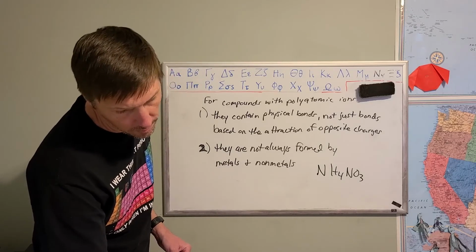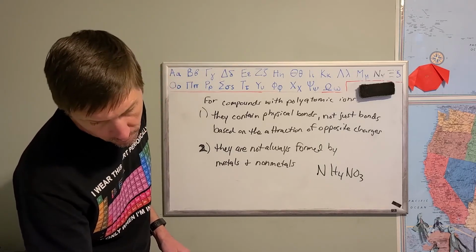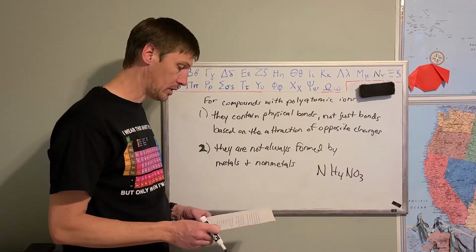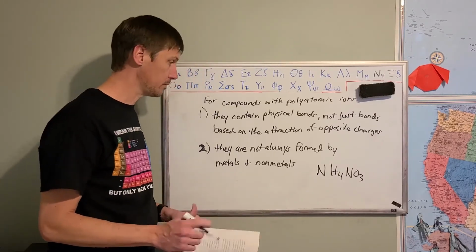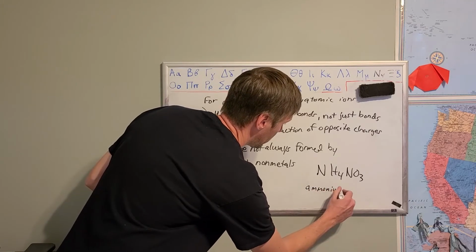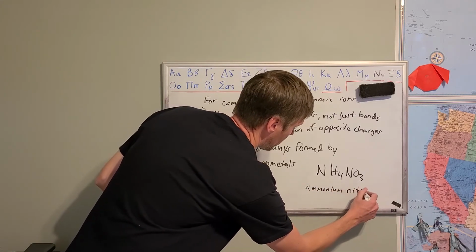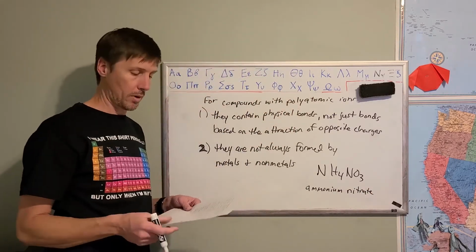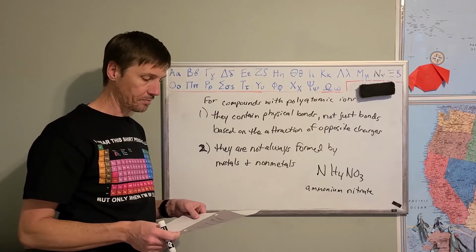NH4 is the ammonium ion, and NO3 is the nitrate ion, right? And so this is ammonium nitrate, a compound comprised of 2 polyatomic ions, okay?